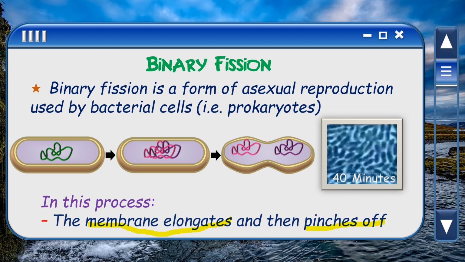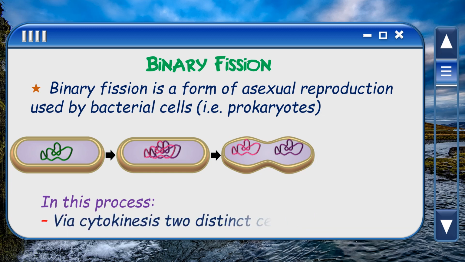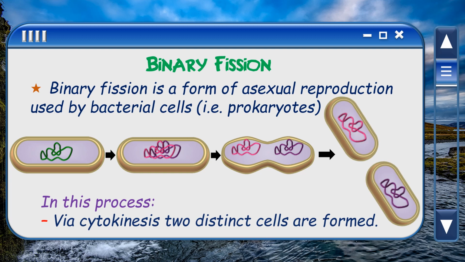We are seeing that this membrane here is elongating, and as it elongates, it separates the DNA far away from each other. Then via cytokinesis, we shall get 2 distinct cells.